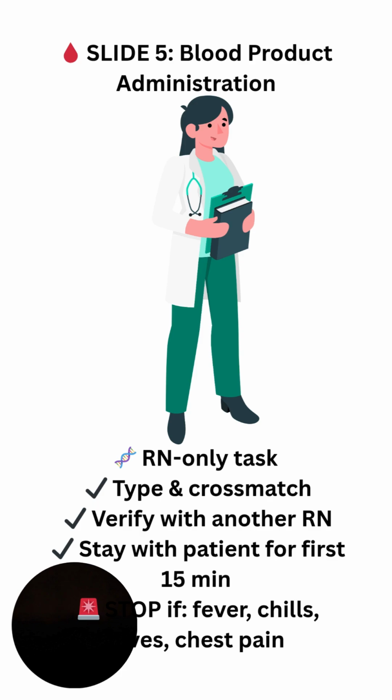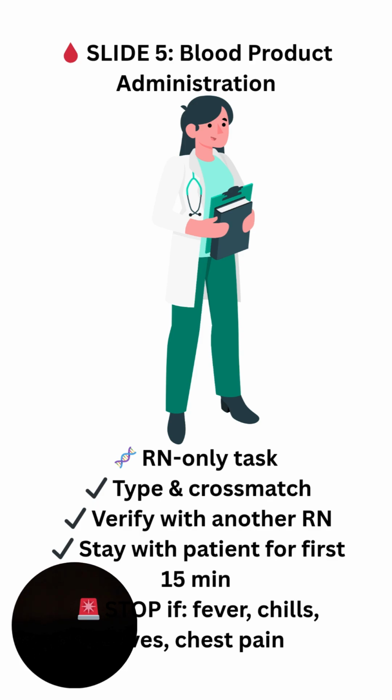Okay, so slide five, we're talking blood product administration. Some of our tasks are RN only tasks. So when we're in the hospital and we have to do blood administration, we're looking at things such as type and cross match. You're looking at that to be an RN only task. You want to verify with another RN.